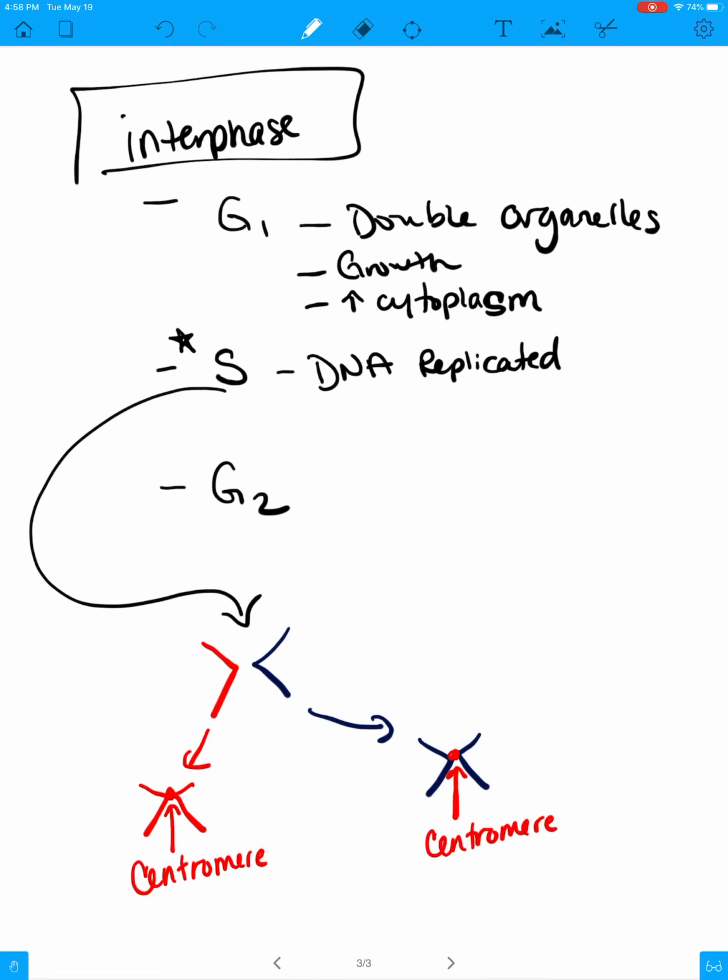All right, so when the DNA is replicated and the two copies of the chromosomes are called chromatids, they are attached to the centromere. They usually call them sister chromatids. And I'm just going to write it over here.